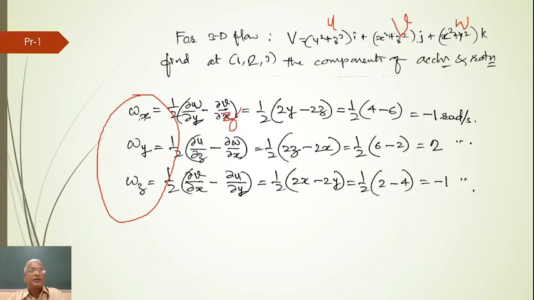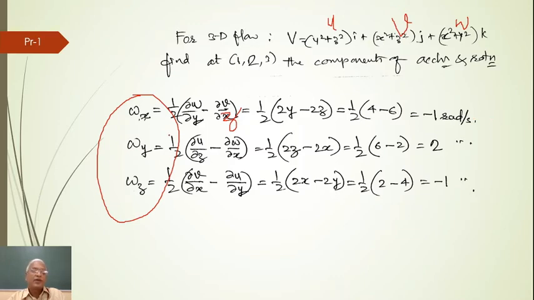So compared to z you have dou v, compared to dou y you will be having dou w. So half into bracket differentiation of omega with respect to y, that is 2y, that's there, minus differentiation of v with respect to z, that is minus 2z, fine, that's equal to half into bracket y is equal to 2, that's why it is 4, z is equal to 3 minus 6, overall it reduces to minus 1, it is omega rotation, that's why it will be minus 1 radians per second.